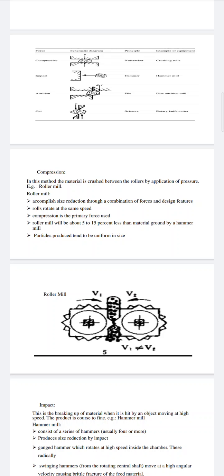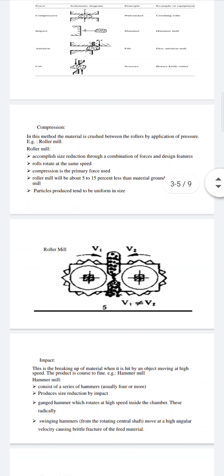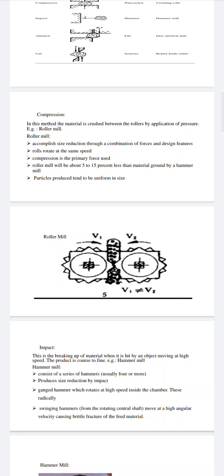Roller mills accomplish size reduction through a combination of force and design features. If the rolls rotate at the same speed, compression is the primary force used. Here, slower operating speeds do not generate heat and there is very little moisture loss.